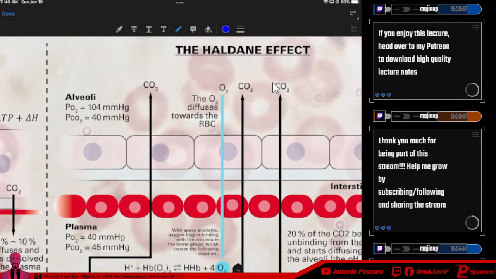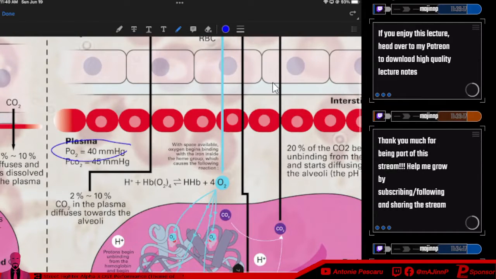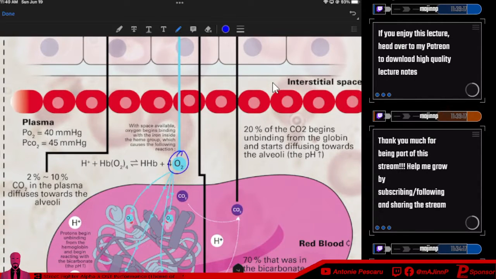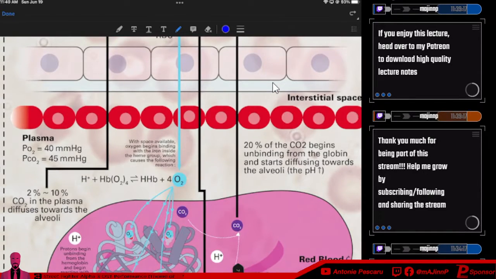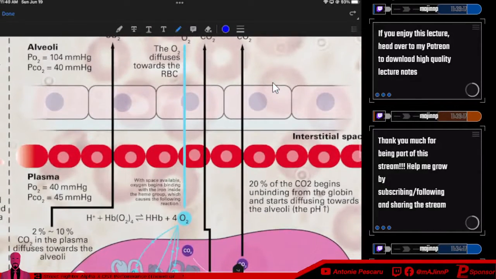That oxygen, once it gets into the alveoli, has a pressure of 104 millimeters of mercury. By the law of diffusion, it will always go from a higher pressure to the lowest pressure, as you can see here. The problem is that O2 cannot bind onto the heme just yet. It needs space. And that's where your CO2 needs to leave.